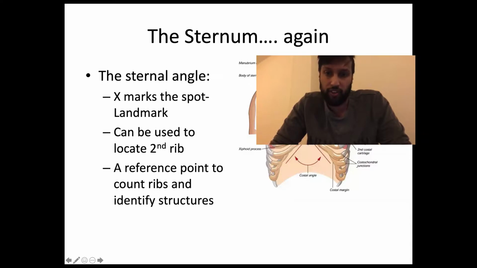It's impossible for you not to feel it right adjacent. And that is the reference point we use to count ribs. Why is that important? Why should you as a clinician be able to identify this landmark and count ribs? Why do you care? Well, let's explain now.